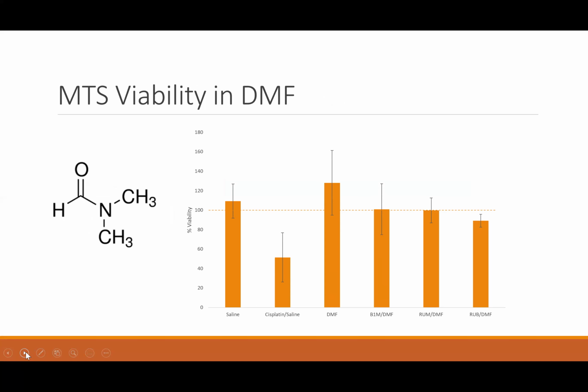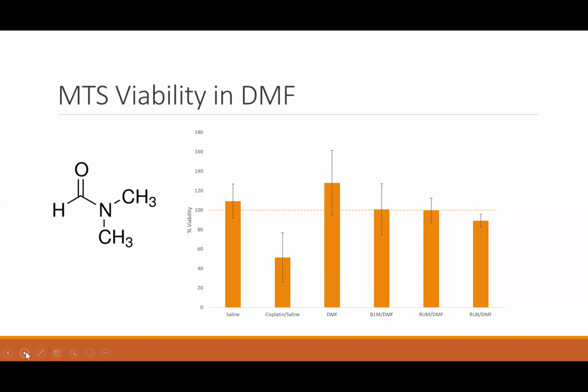And with both saline and DMF, you can see viability isn't really affected. Cisplatin, again, you see that 50% viability. B1M didn't really do anything. Again, hovers right at 100% in terms of viability. RUM, also 100%. RUB, maybe a slight decrease around 85, 90%.